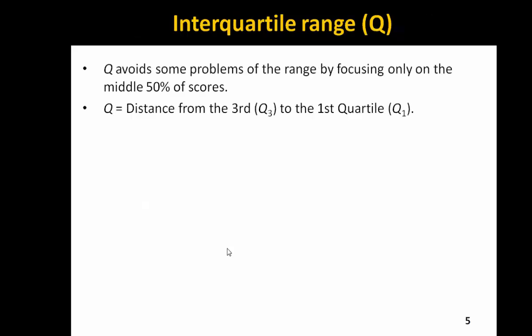Moving on to another way to track the variation of different variables is what's called the interquartile range, or the calculation of Q. And Q functions by dividing up the data in a sample into quarters. By dividing data up into quarters, that allows us to estimate what's called the first quartile, and the third quartile within that distribution.